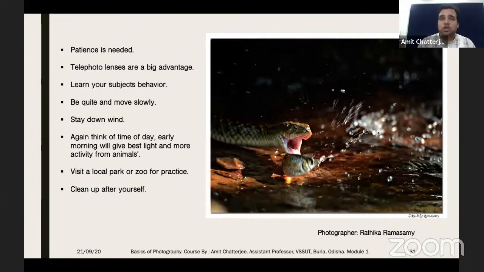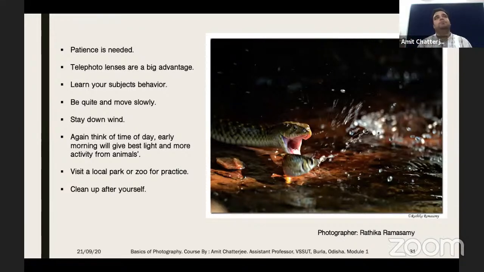Now, this also comes within the whole category of doing the research, because if you understand their behavior pattern, if you know that in the morning the animals are going to come to drink water from the river, you can place yourself near the river, maybe before they come, so that you are already there, you know where they are going to come, and then you just click when they come. So it's required that you understand the behavior. Also it requires that you understand the timing. The best light is again in the early morning or towards the evening for clicking photographs of the animals.